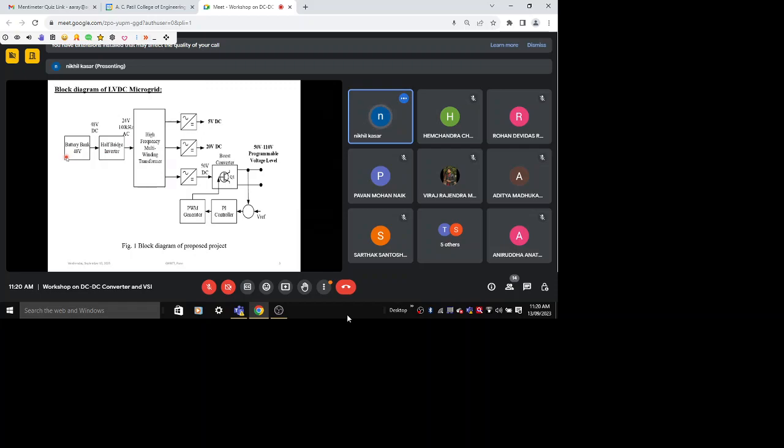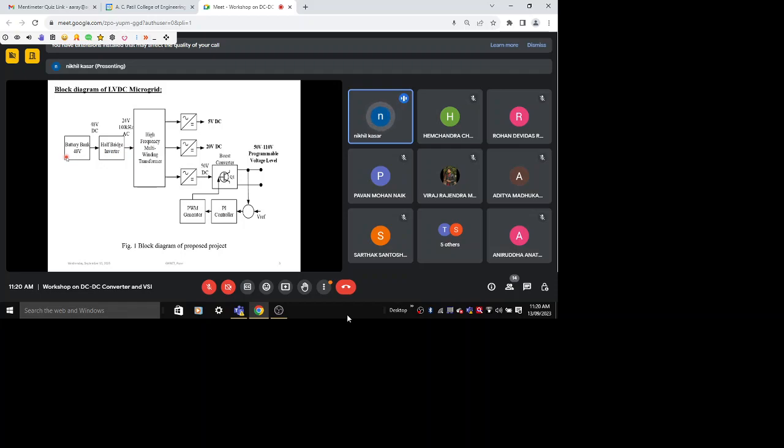We all know, what is the value of AC voltage at home? Sir, 230 volts, plus minus 10 volts. Yes, exactly. At home, for domestic application, we are using 230 volt single phase 50 hertz AC voltage.